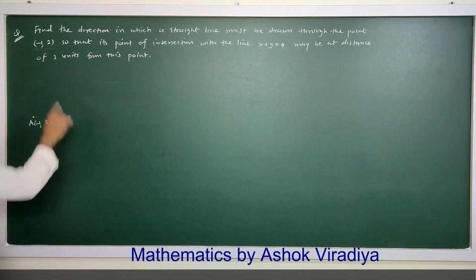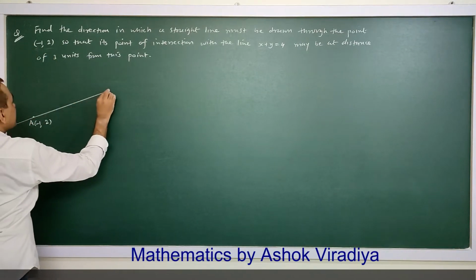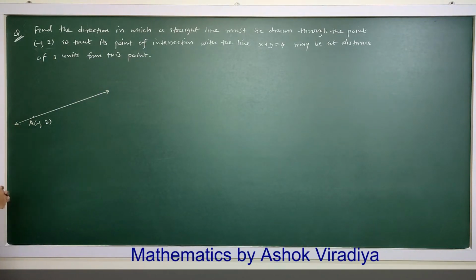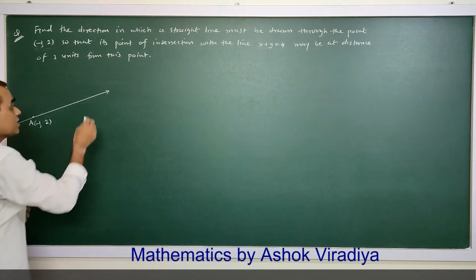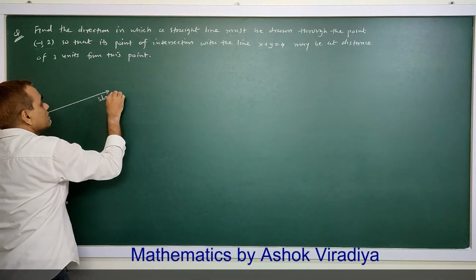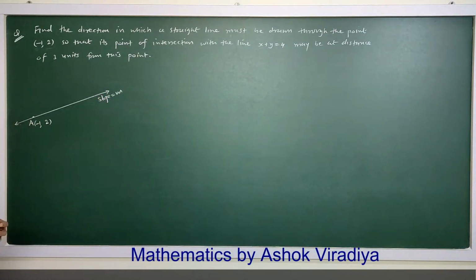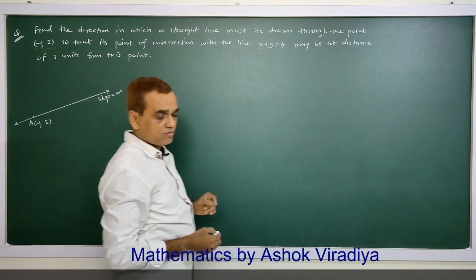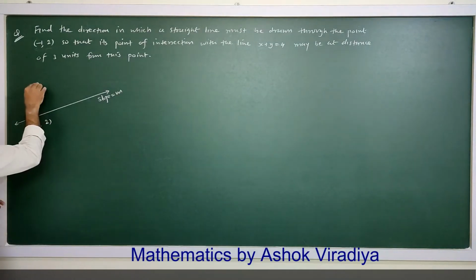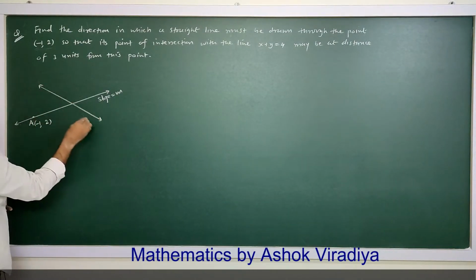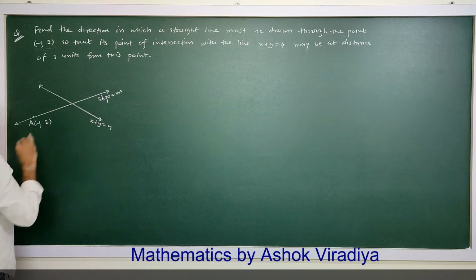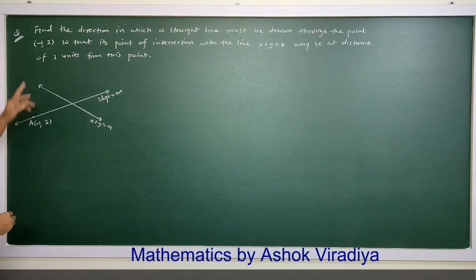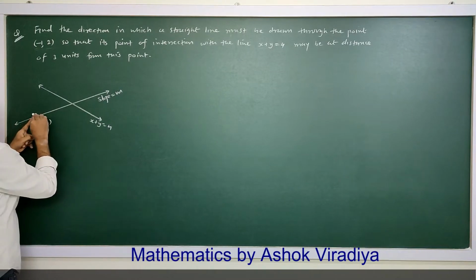From A, I am taking a line whose direction we don't know. Direction means slope. Suppose slope is m. Now this line intersects x plus y equal to 4, at distance 3 units from this point. So this distance is 3 units.